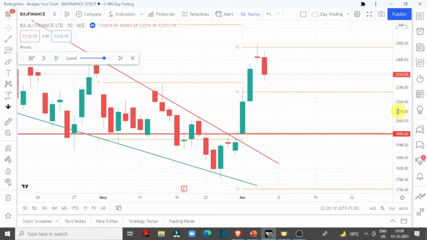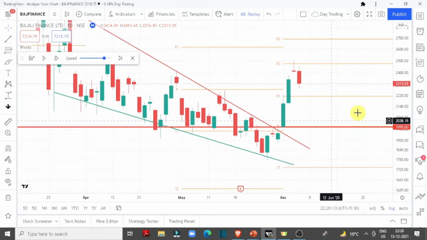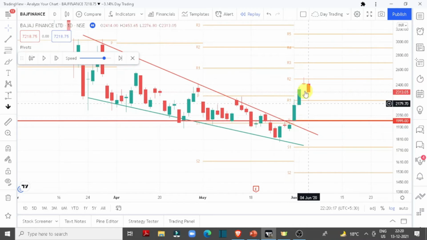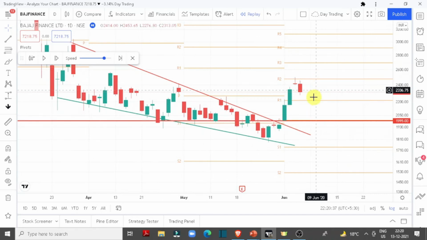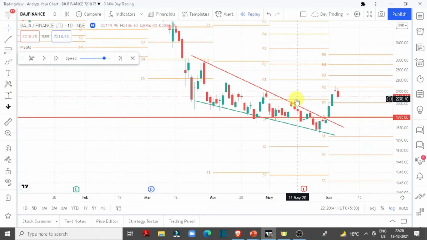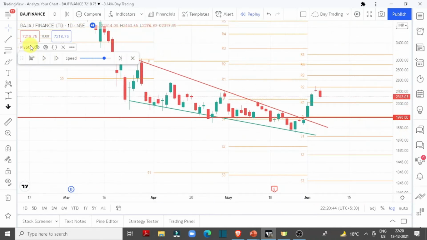It was taking support at the pivot level, and thus it was telling us that the trend which has changed is very much real, and now the trend direction may change. Before the trend was down, but now the trend can be up, right? So the support level which this candle got from this pivot point was telling us that the trend direction has definitely changed. So this is another method which some people use to analyze whether the trend has changed or not, whether the breakout is real or not.